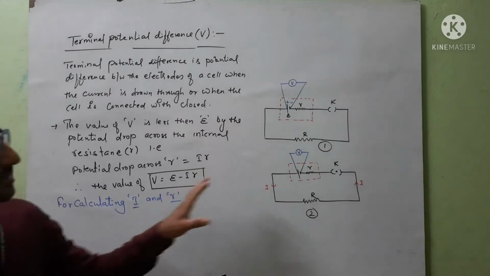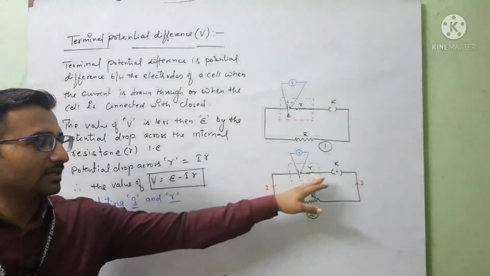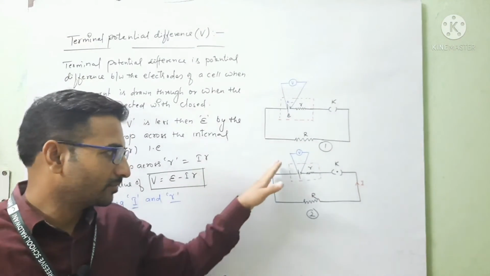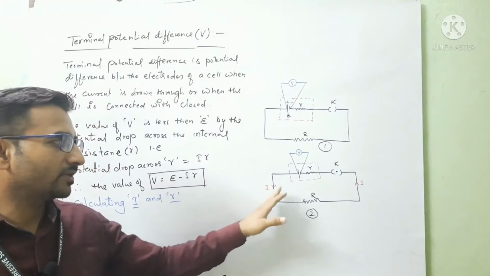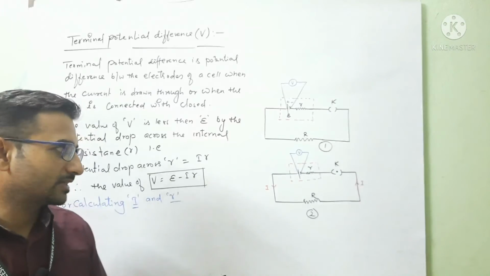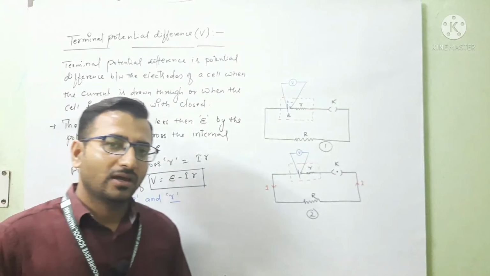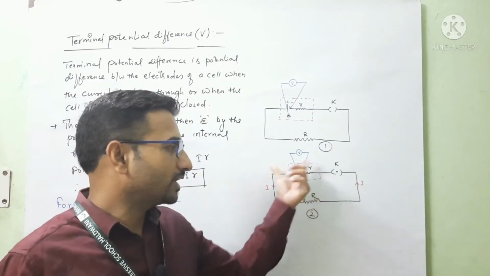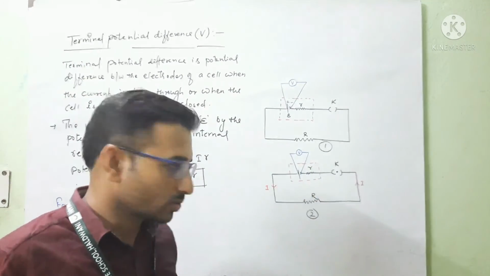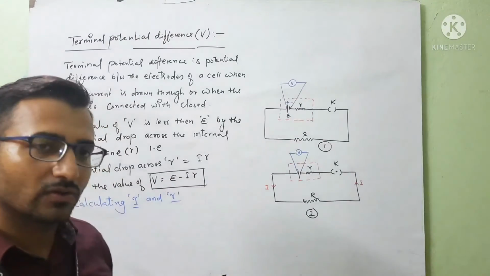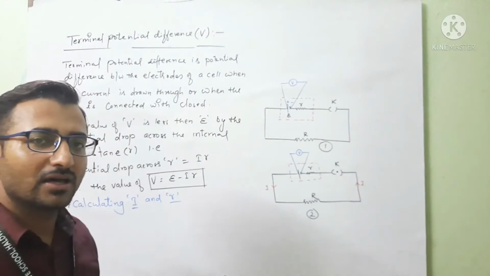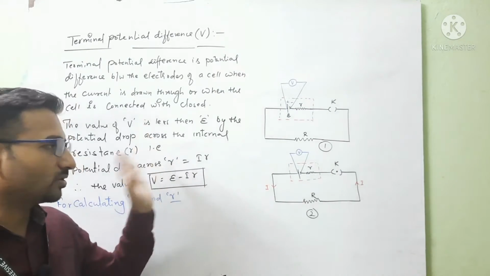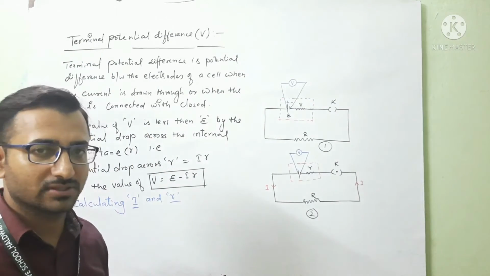Now see student, when the cell is connected to a closed circuit, at that time we know very well the current will flow from the positive terminal of the cell to the negative terminal, and the internal resistance of the cell will increase and the value of EMF of the cell will decrease, so that we get the relation V equals epsilon minus IR, by the definition of terminal potential difference.